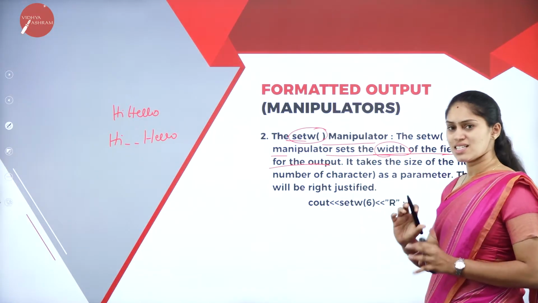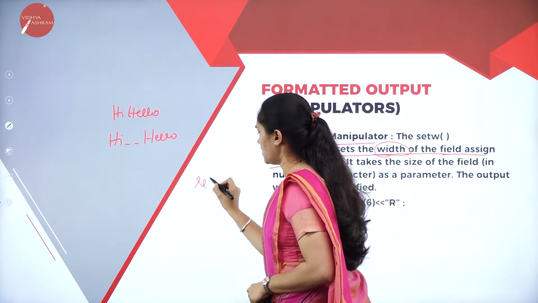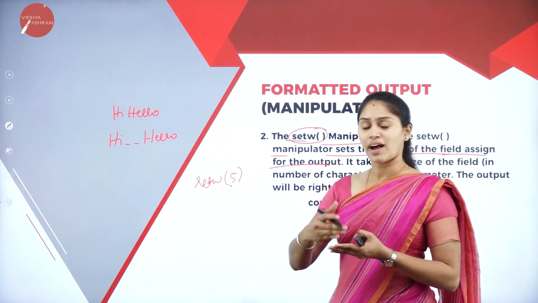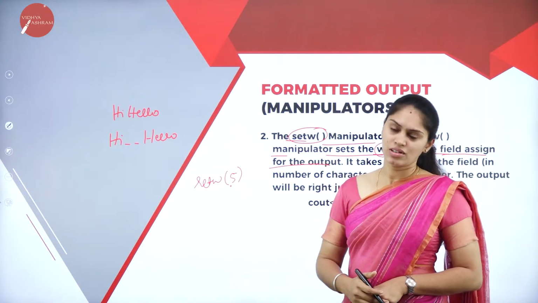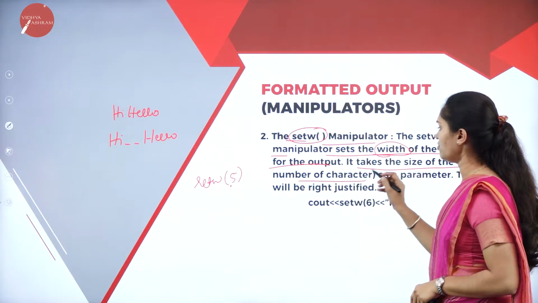Within this parenthesis, we are going to specify the parameter. For example, setw of 5. Then it will give 5 spaces for the characters or word that we are going to represent.